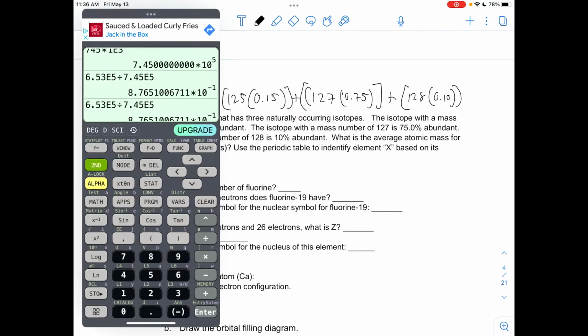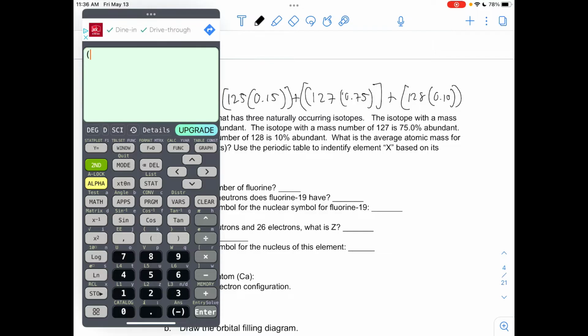Okay, I'm going to add all those together. So let's see here. I got 125 times 0.15 added to 127. Whoops, forgot the parentheses. Times 0.75 added to 128 times 0.1. Okay, and I get the grand total is 126.8.